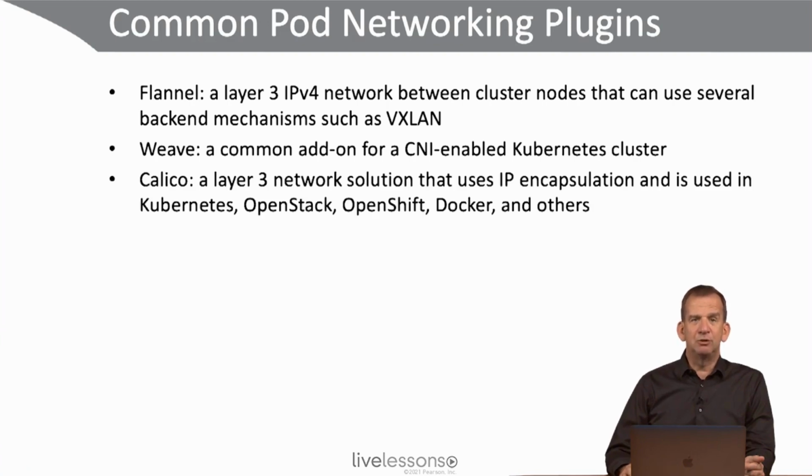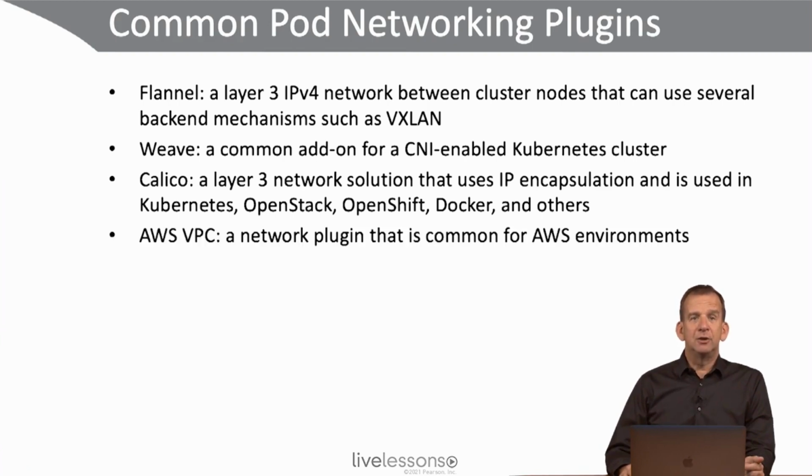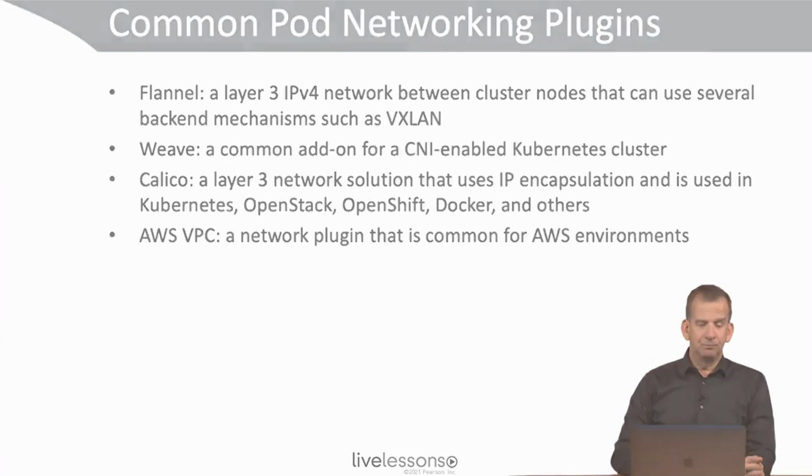There's Calico, which is a layer 3 network solution that uses IP encapsulation and is used in Kubernetes, but also in other solutions like OpenStack and OpenShift and Docker and more. And there are the public cloud networking plugins like AWS VPC, which is a network plugin that is common for AWS environments.